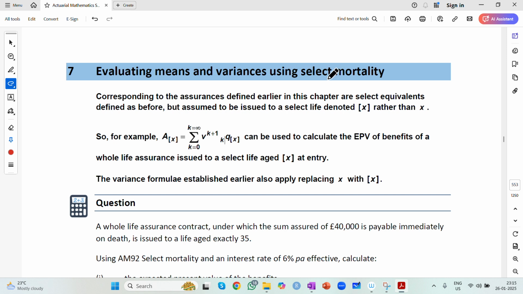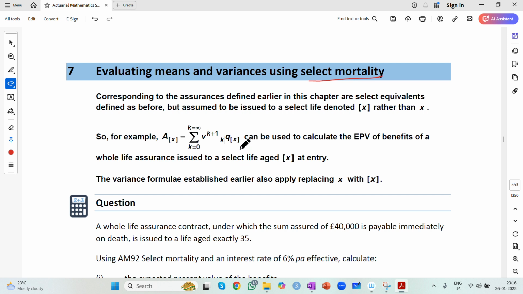We already discussed what select mortality is. Its impact remains only for the select duration, say 2-3 years. For those 2-3 years, the mortality is a little lower than the ultimate mortality.